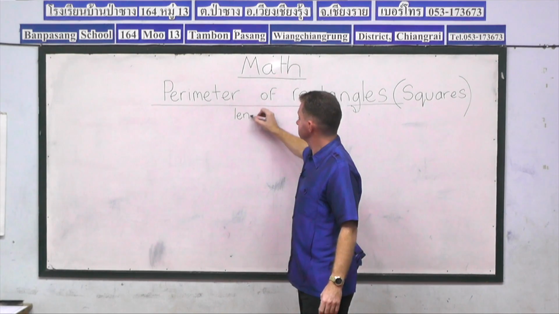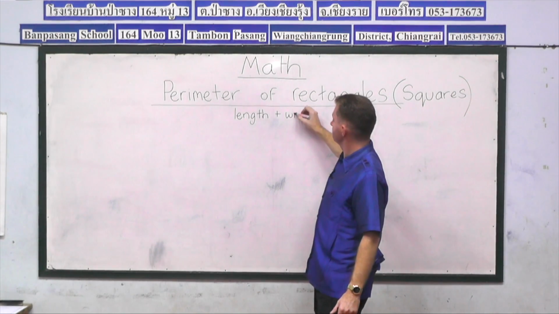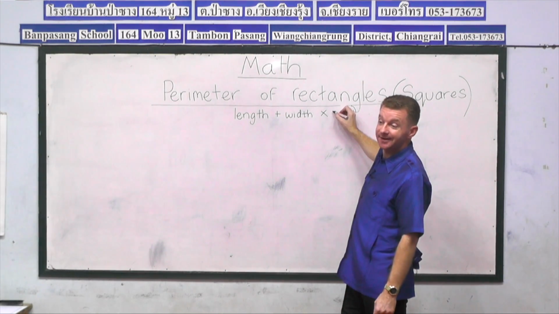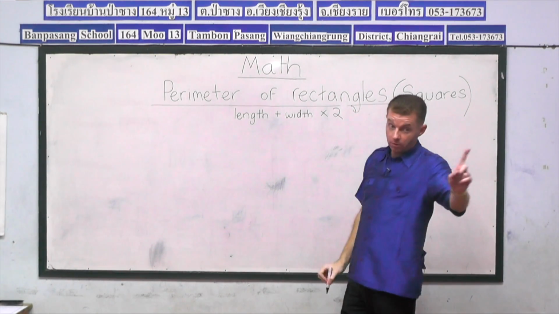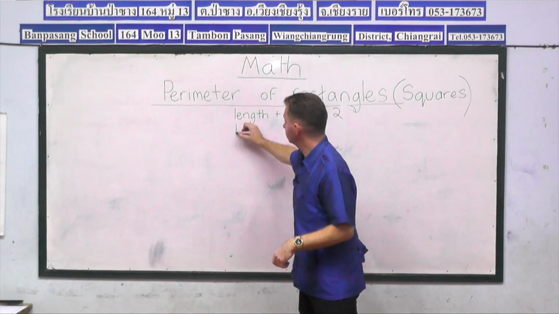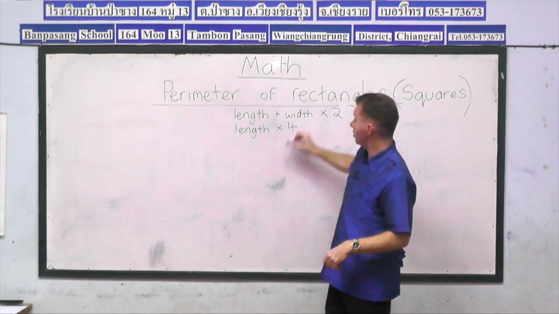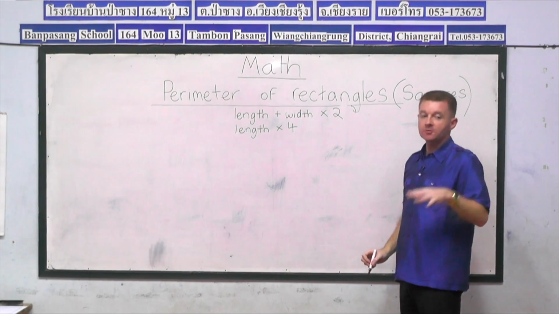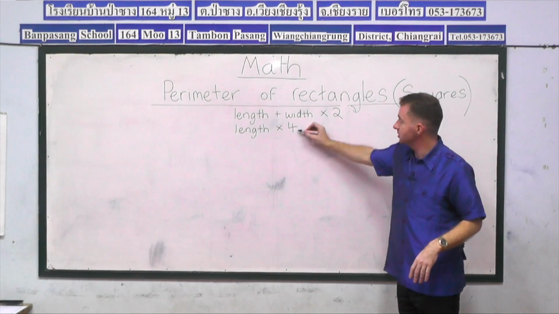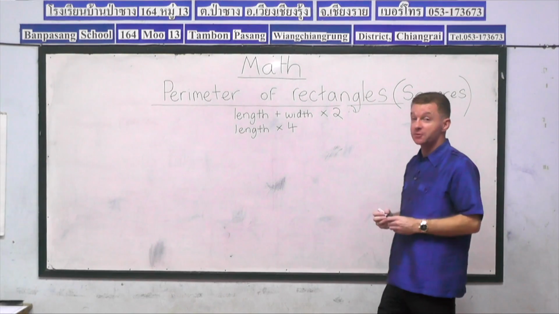Length plus width times how many? 2. Or, because the sides of a square are all the same, we can just go length times 4. 2 ways. It's up to you. We can do the old-fashioned way, like we do with rectangles, or if you're feeling super confident, just take the length and times it by 4.